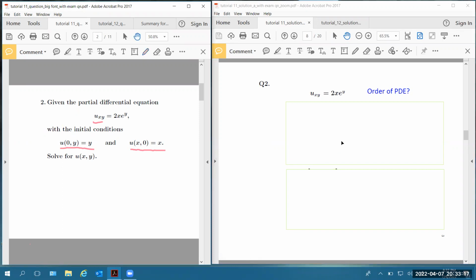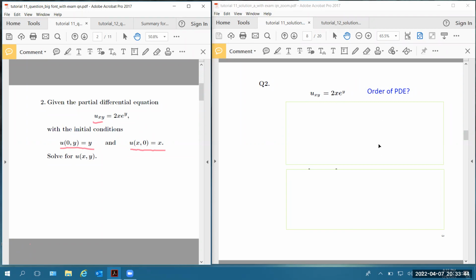We have this partial differential equation here, and we know that there's only one derivative term. The first thing we want to see is the order of this PDE. Class, what is the order of this PDE?